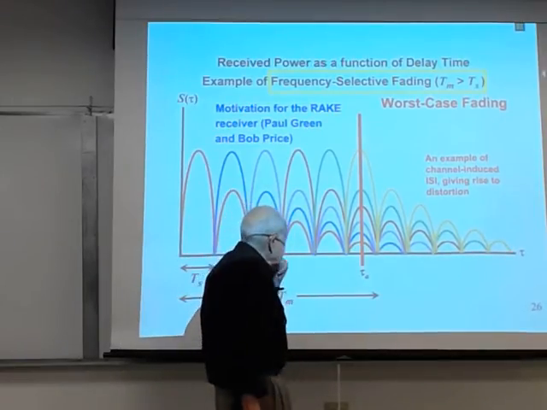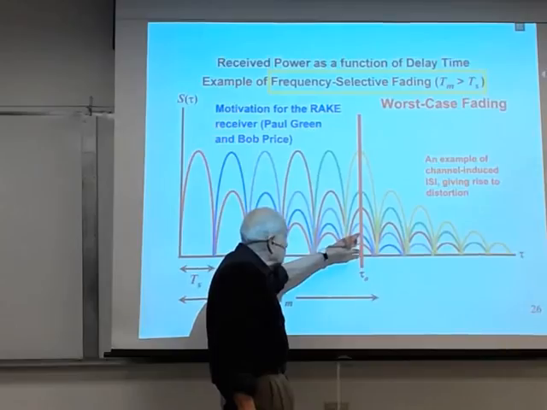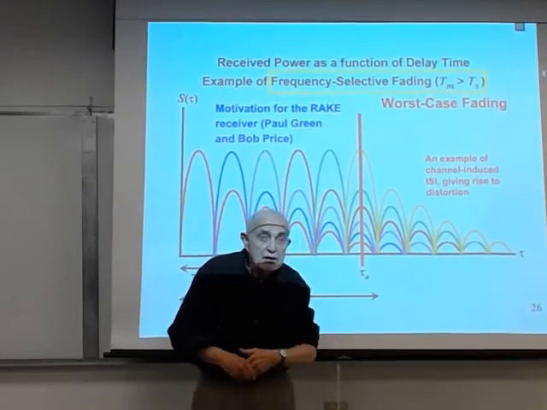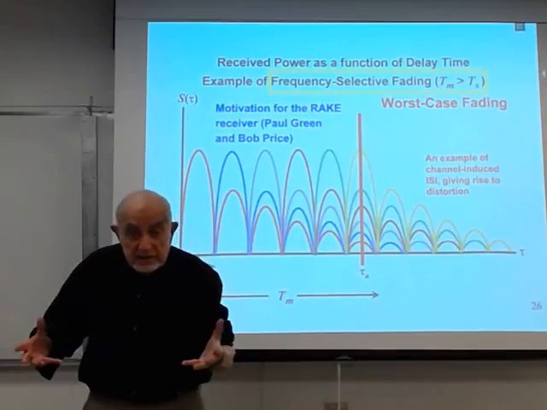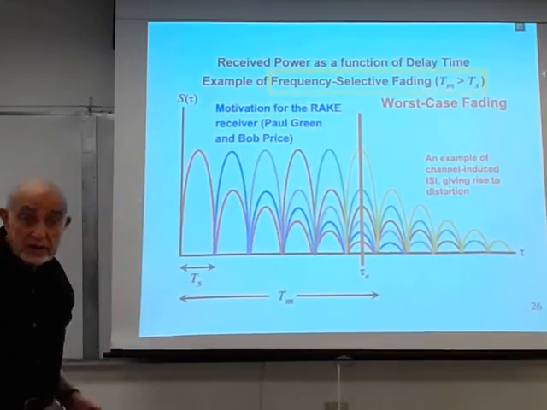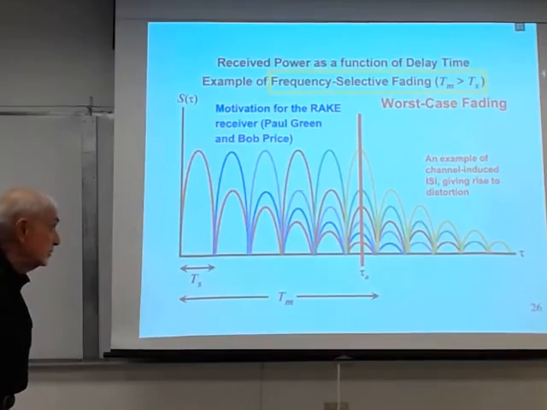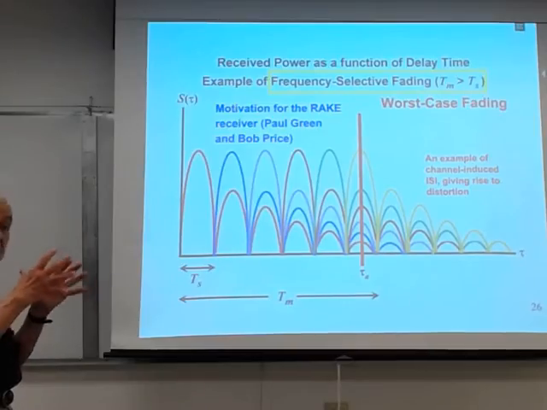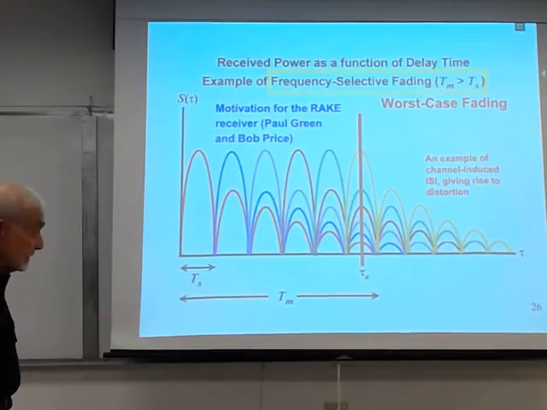You've got the original red, and a piece of the blue, and a piece of the purple, and a piece of all of them interferes with it. Isn't that a horror? And that is the worst case fading, called frequency selective fading. Again, the name isn't obvious because we're in the time domain, but it'll become obvious in a moment.